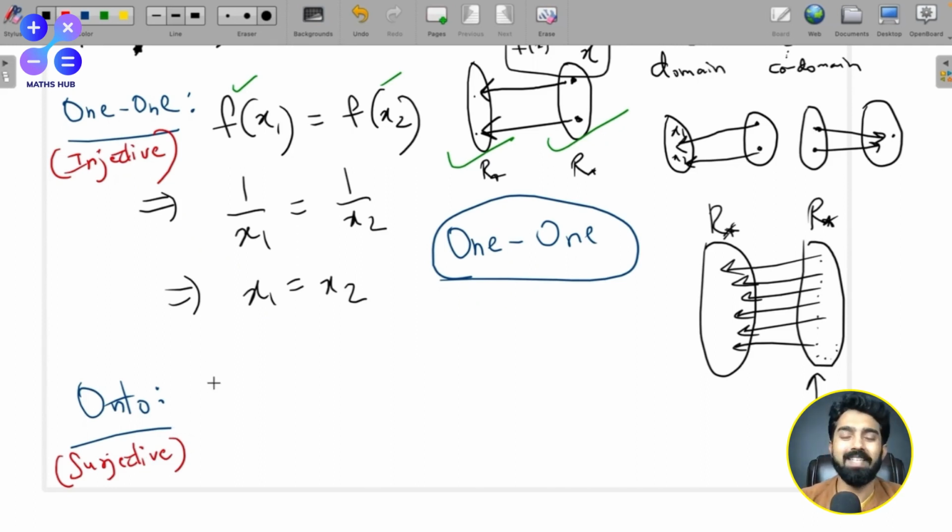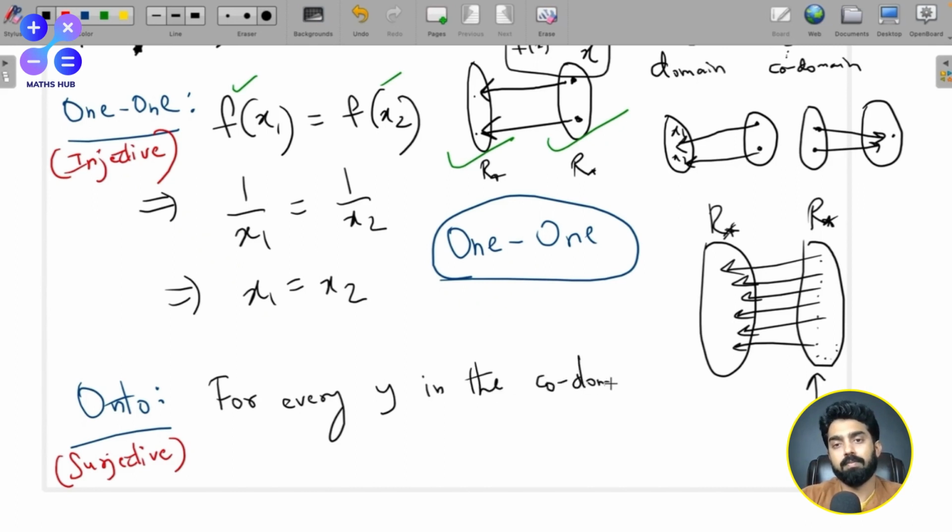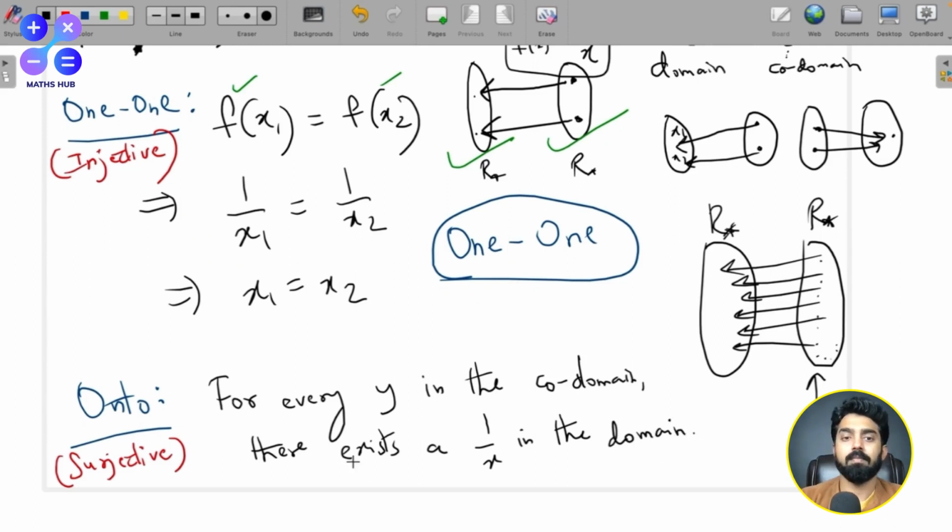Right? So now, how do you prove it is onto? To prove onto, we need to prove that for every y in the codomain, there exists a 1 by x in the domain such that f of x is y.